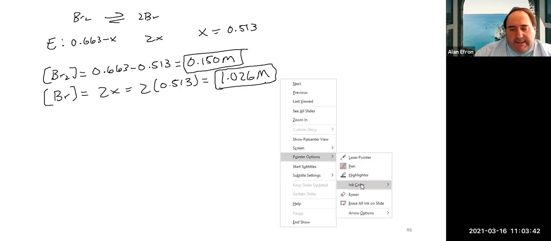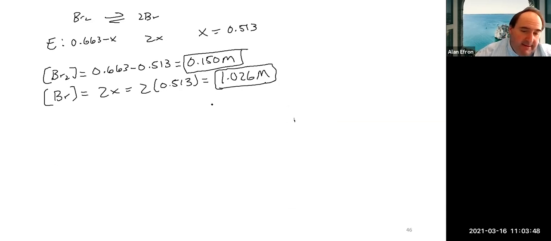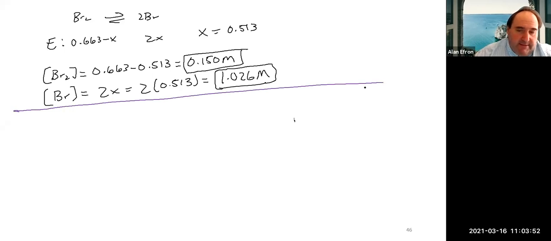Now, why is this sort of good math? Well, since it is math, and there are a lot of places where you could screw up, you could actually check yourself to see if you did okay. How could you check yourself?